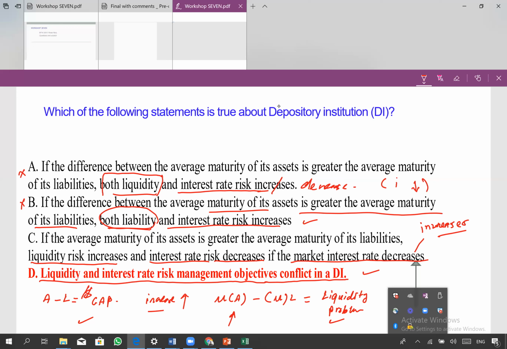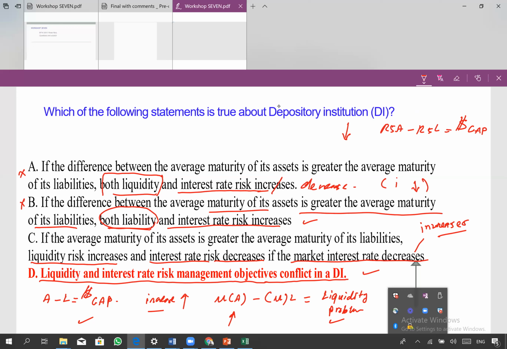Because if you look at the gap when the interest rate is increasing, there is a risk here if the interest rate is decreasing.